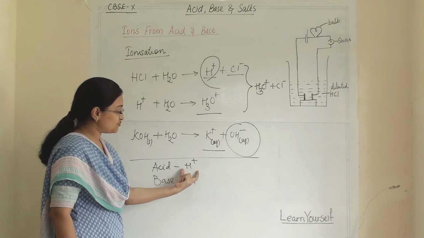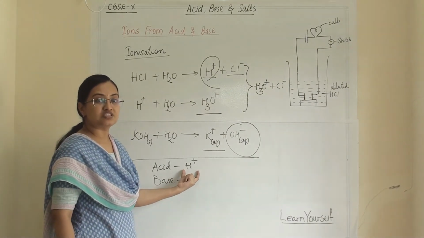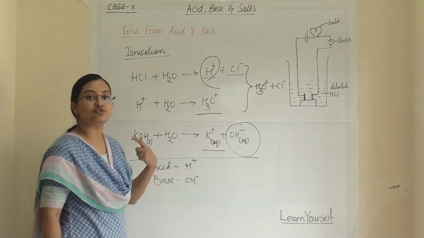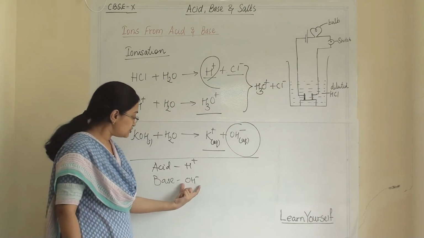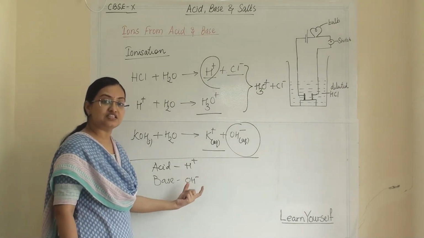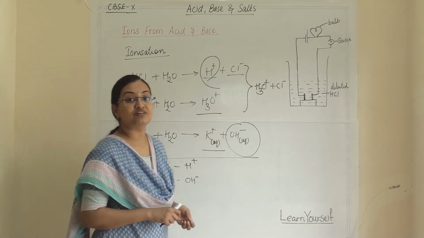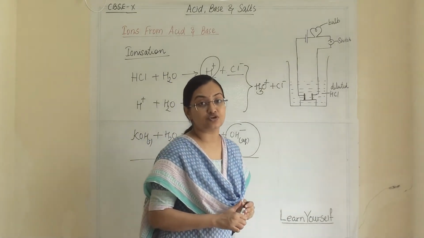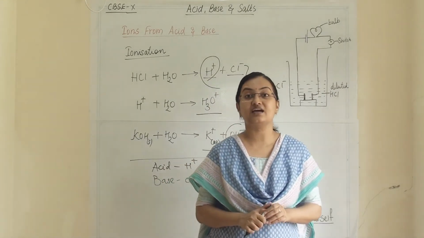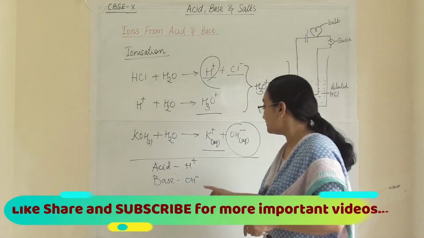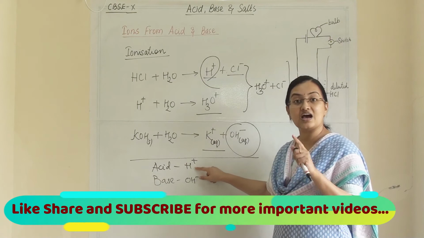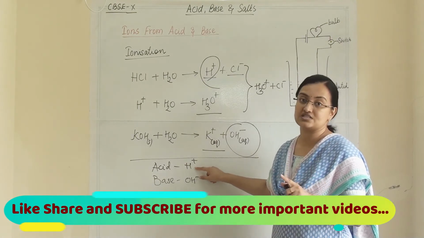This H plus ion is responsible for the acidic nature of acid, and this OH minus ion is responsible for the basicity of base. Earlier, when we were discussing the litmus test for acid and base, I explained that the H plus ion is responsible for the litmus test.